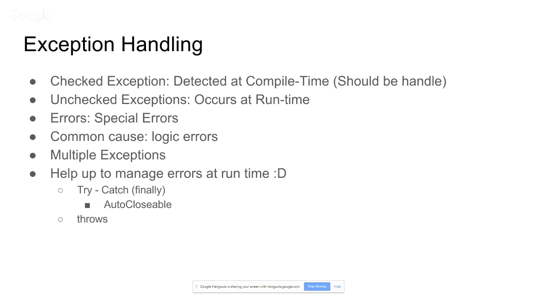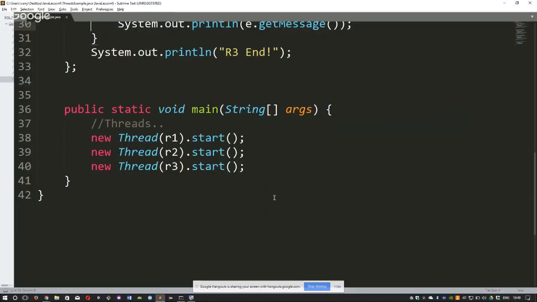You could do so by using multiple exceptions and handling. Exception handling helps you manage errors at runtime, and that's really cool. So let's see an example of what I'm talking about.